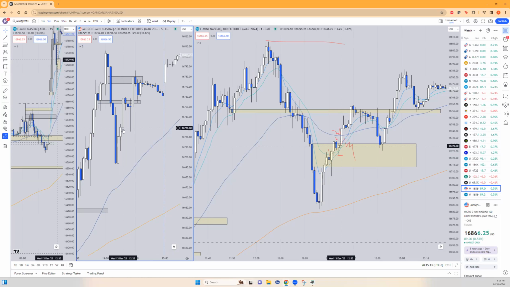So there hasn't been anything priced in this area. So if I were to take a box and draw it from that wick down to here, and let's make this one red. Notice how that candle played there.